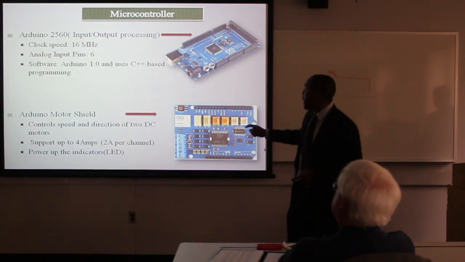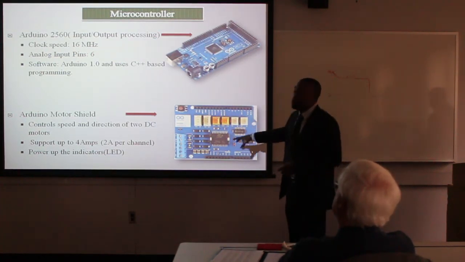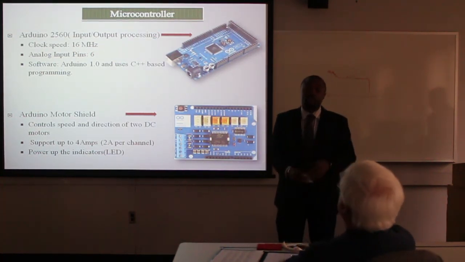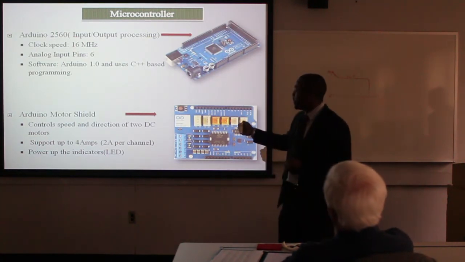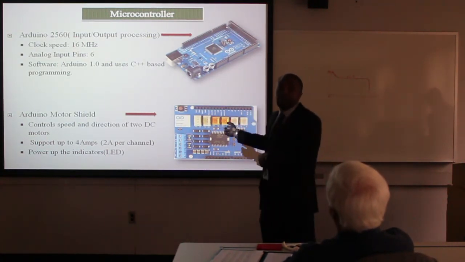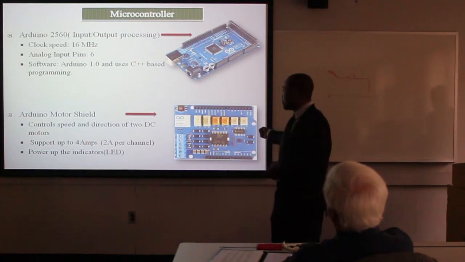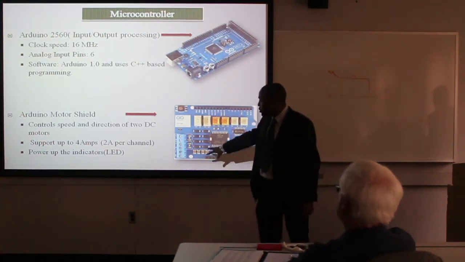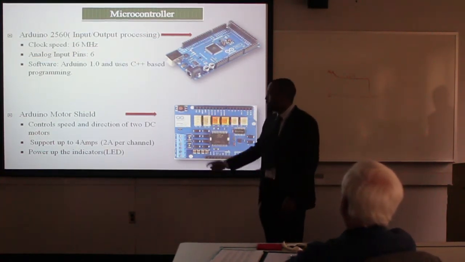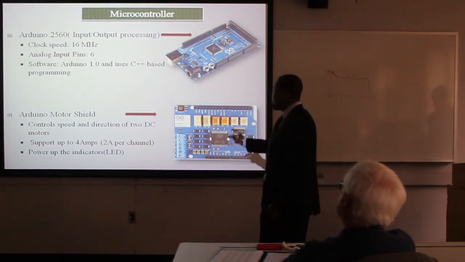So we had to use a motor shield. The motor shield was mounted on top of the Arduino board, so the motor was driven by the motor shield and the current was going through the motor shield. We were able to control 2 DC motors, direction and speed, and each channel was capable of withstanding 2 amp per channel.